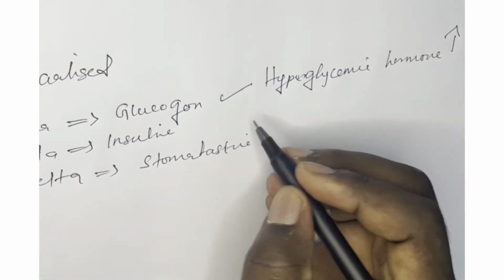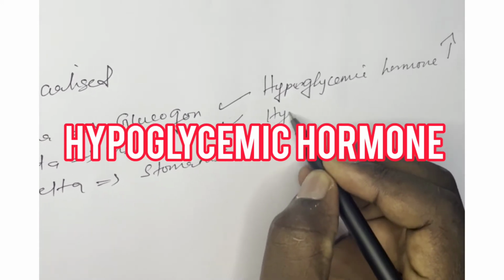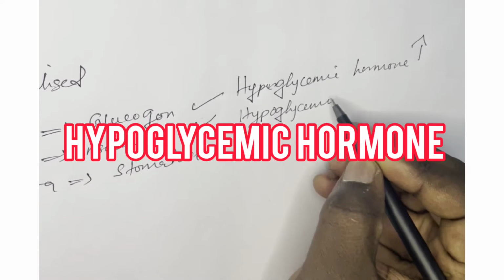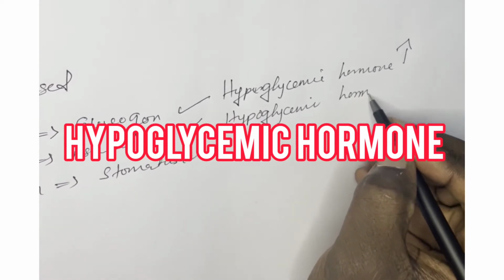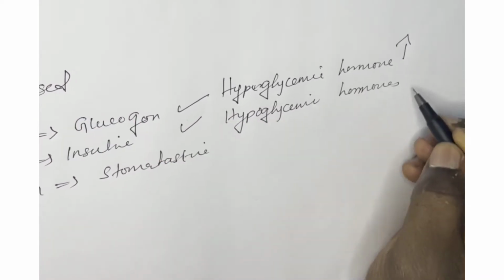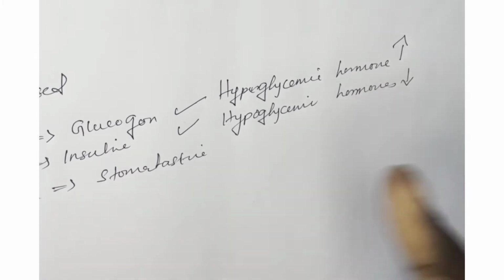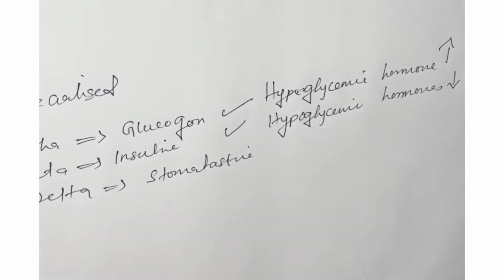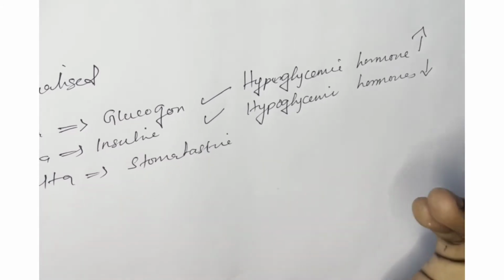Insulin is a hypoglycemic hormone, a hormone that decreases the level of glucose in the blood.